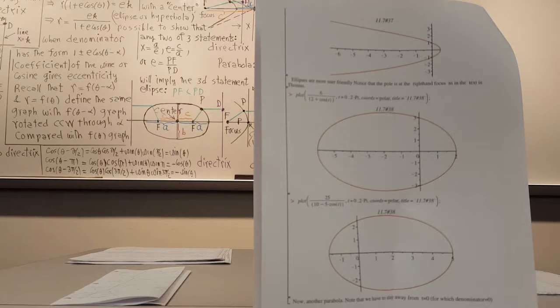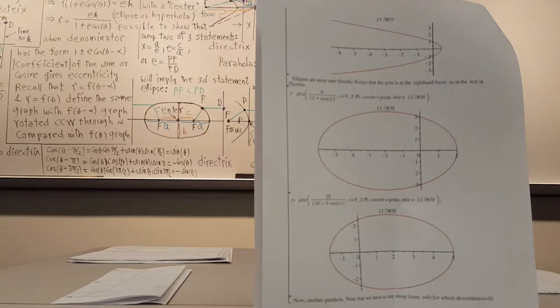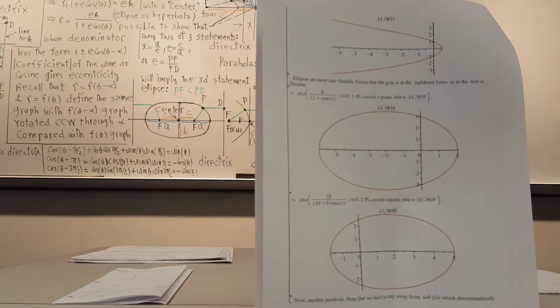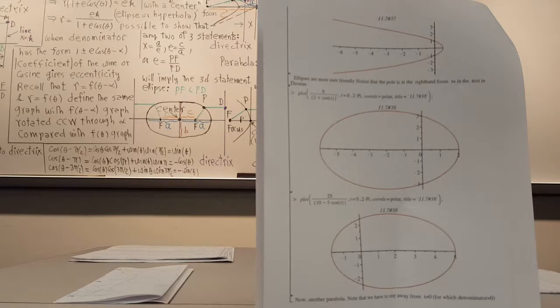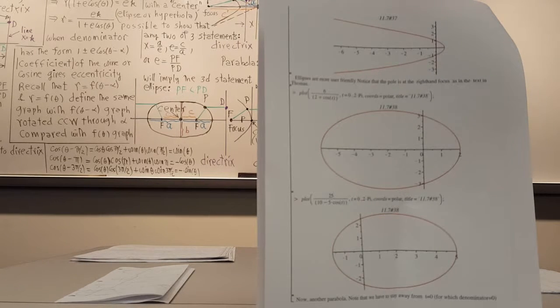And so all you'll get then is the horizontal line on what amounts to the negative x-axis. So you have to limit your angle in some way because of that.